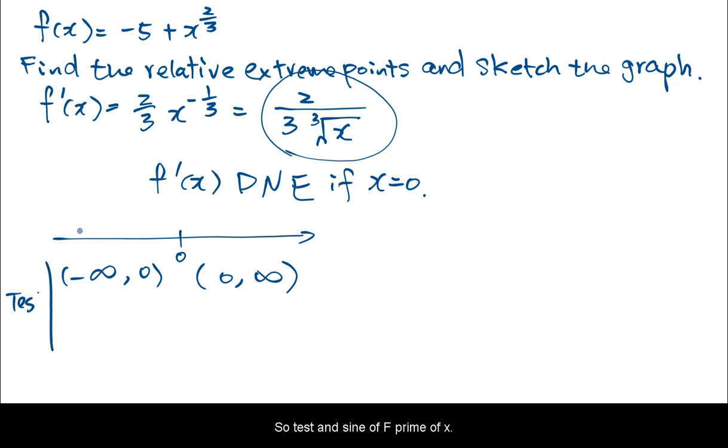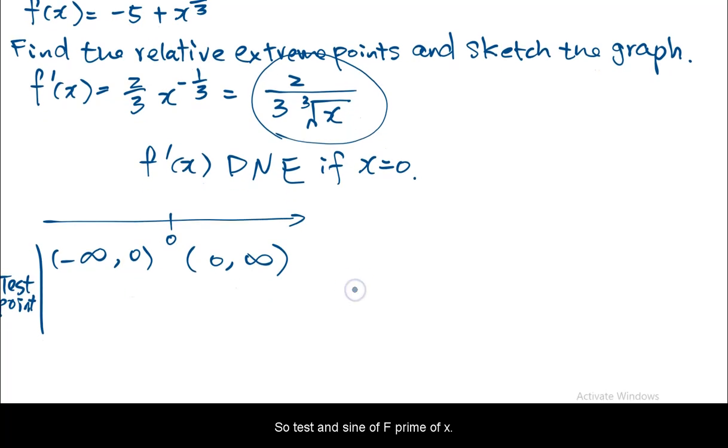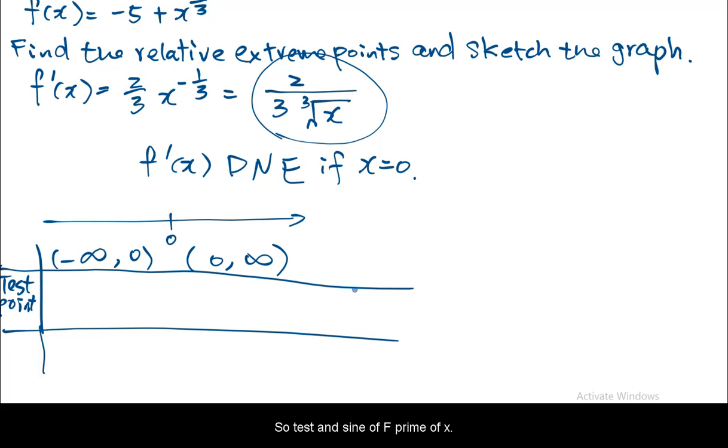Test point, and sign of f prime of x. So test point here, I'll pick -1. Here I'll pick 1. So let's check. If you put -1 in f prime of x, that will give you a negative number.